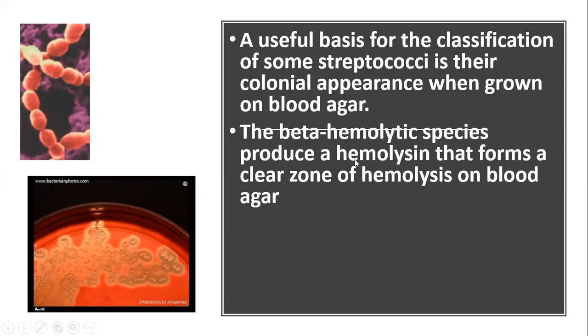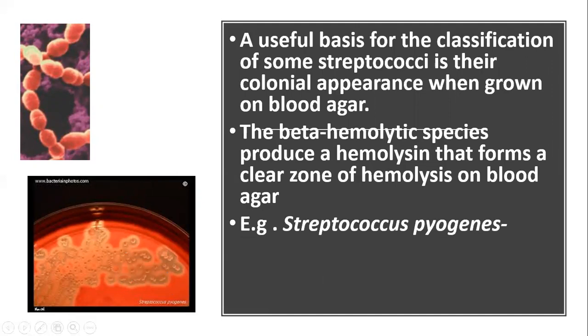So there is a clear zone of hemolysis on blood agar around these colonies, as indicated in the picture. These are the streptococcal species growing, and they are also known as the beta hemolytic streptococci because they are capable of completely killing the RBCs.